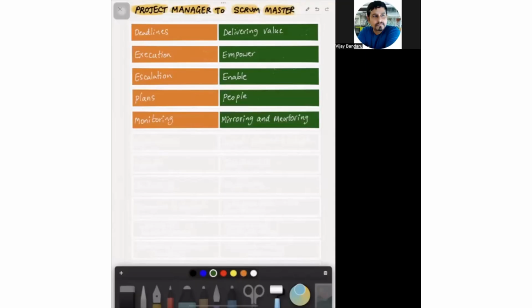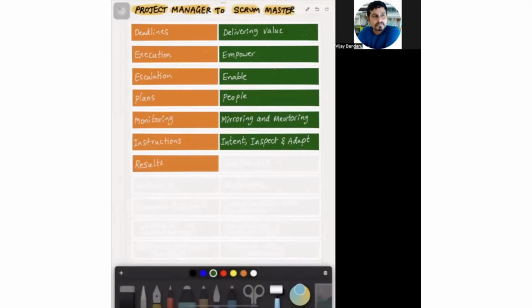When I say mirroring, just like true reflection, that means non-judgmental, non-criticizing, not using penalizing language. That is called true reflection. And instruction mode to intent and inspect and adapt approach. And results-based focus to relationships, because when strong relationships are built, the results are automatically taken care of.